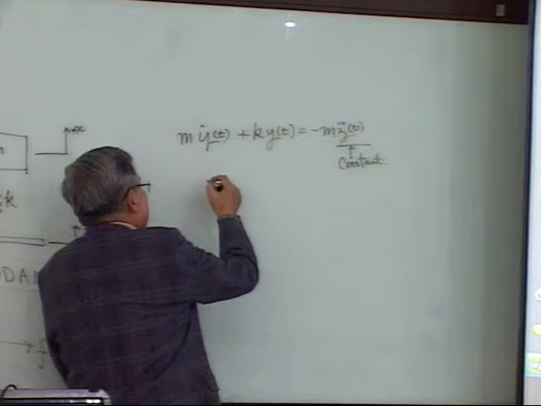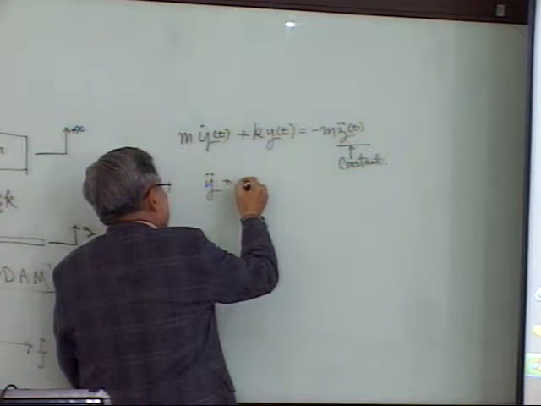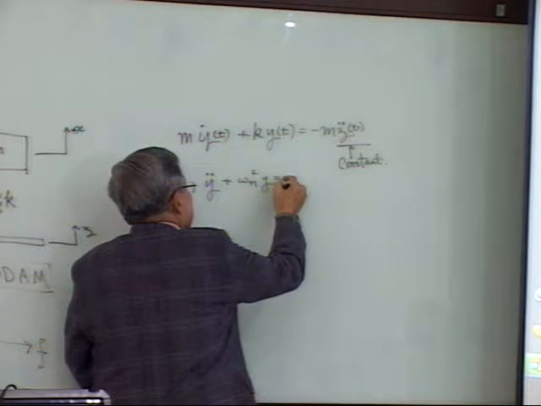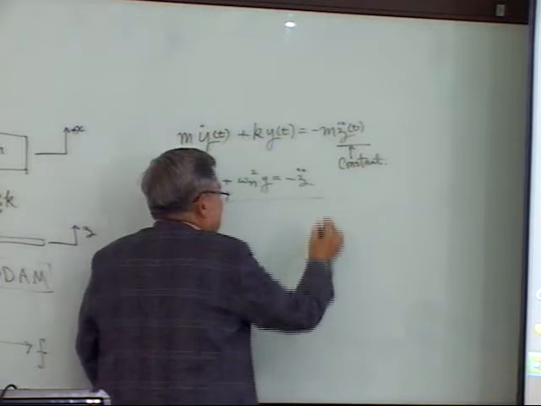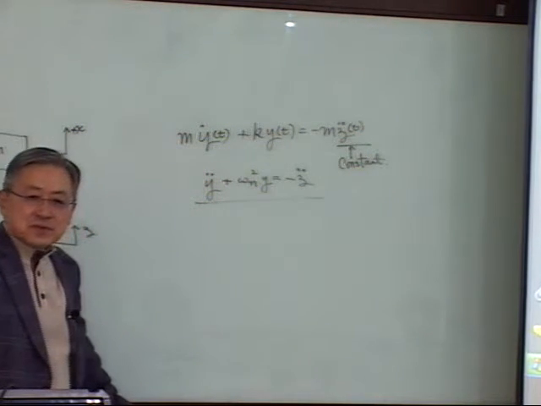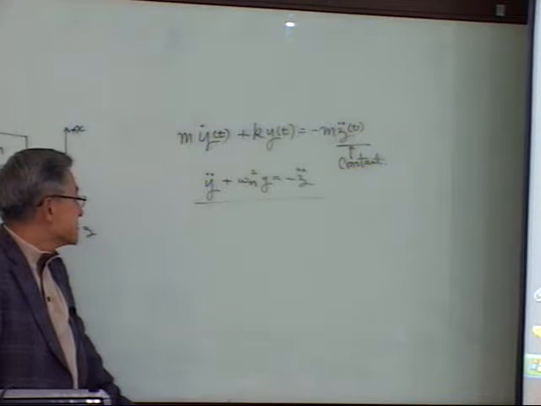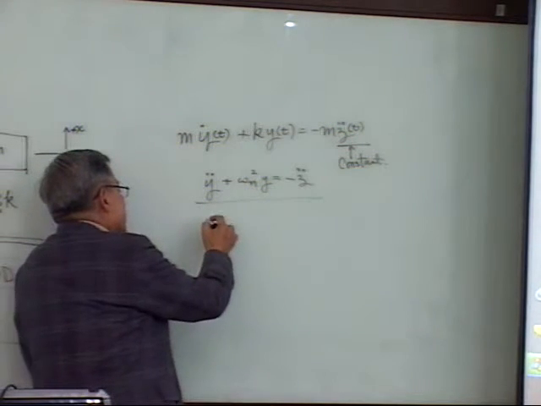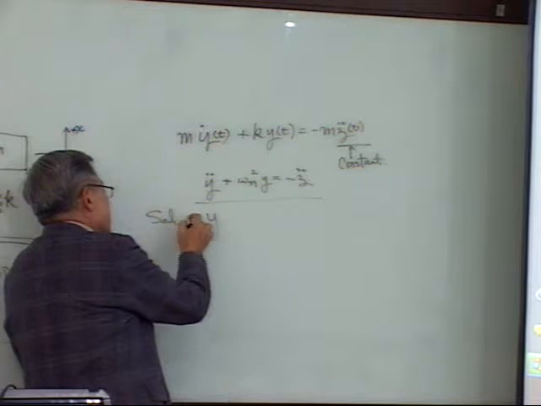And if I divide everything by m, you have y double dot plus omega n square y is equal to minus g double dot. You have to get the solution for this second order differential equation. And let's say you have a solution. This is solution y.